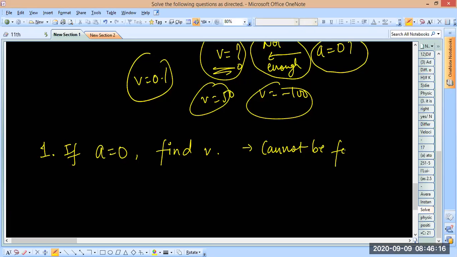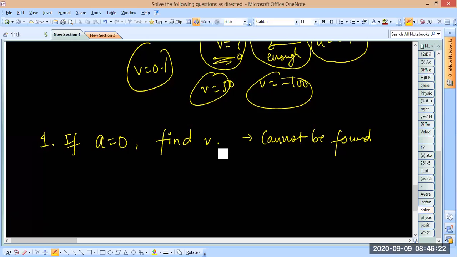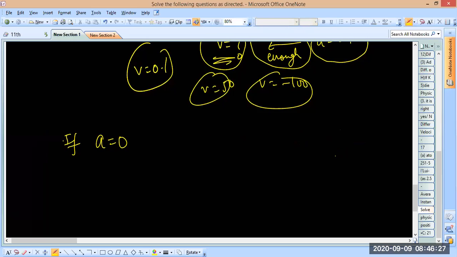You cannot do this. But what this actually means is as follows. See, if a is 0, then that brings out a very interesting thing. Have a look here. Focus on this part.